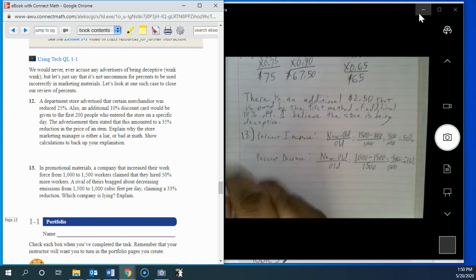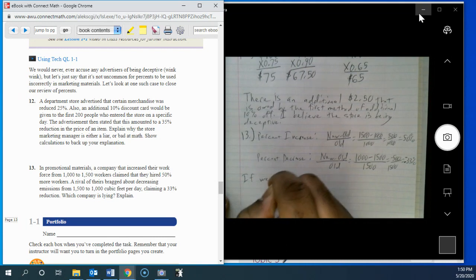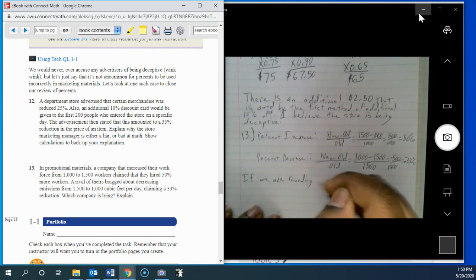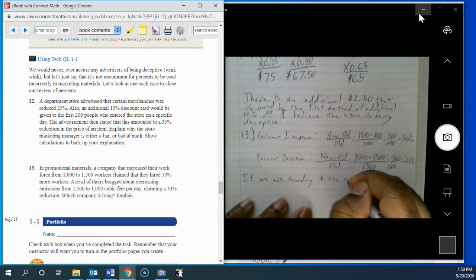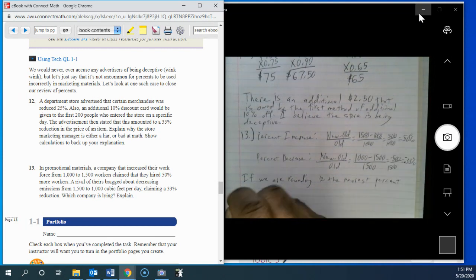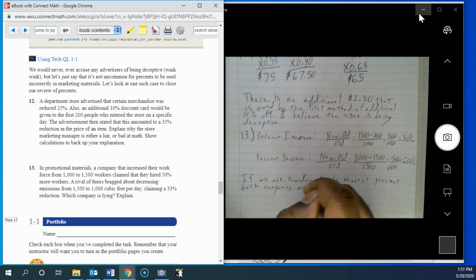So you could say this: if we are rounding to the nearest percent, both companies are telling the truth.